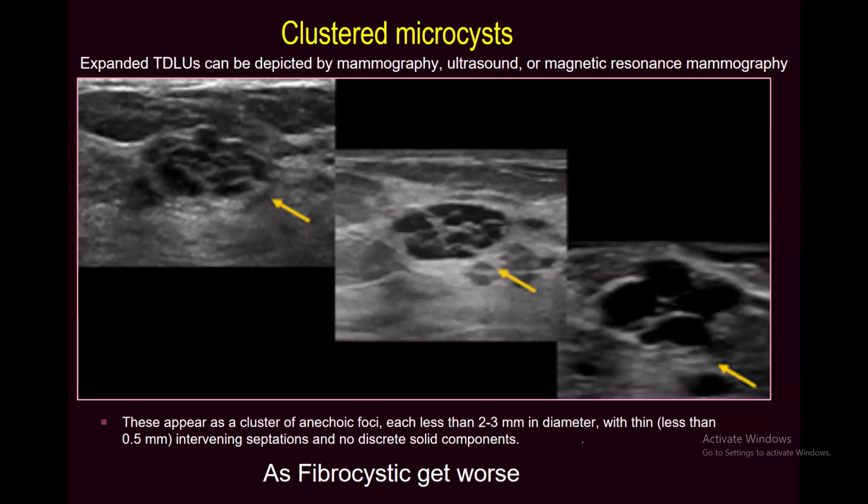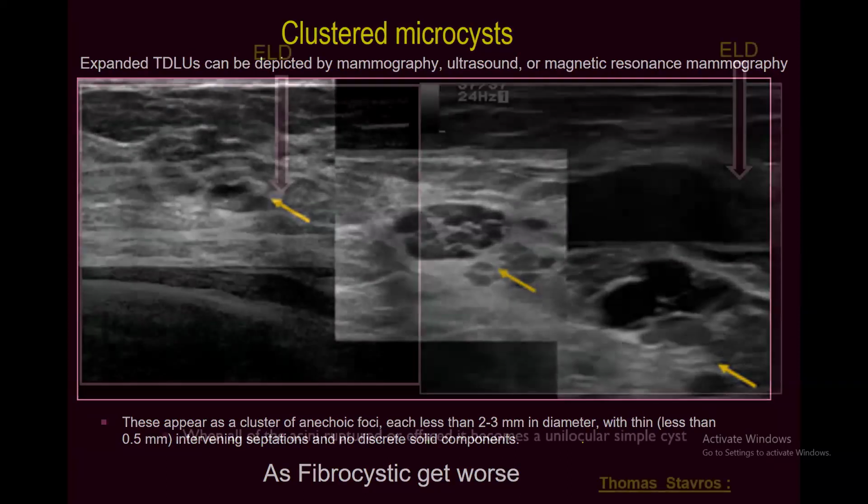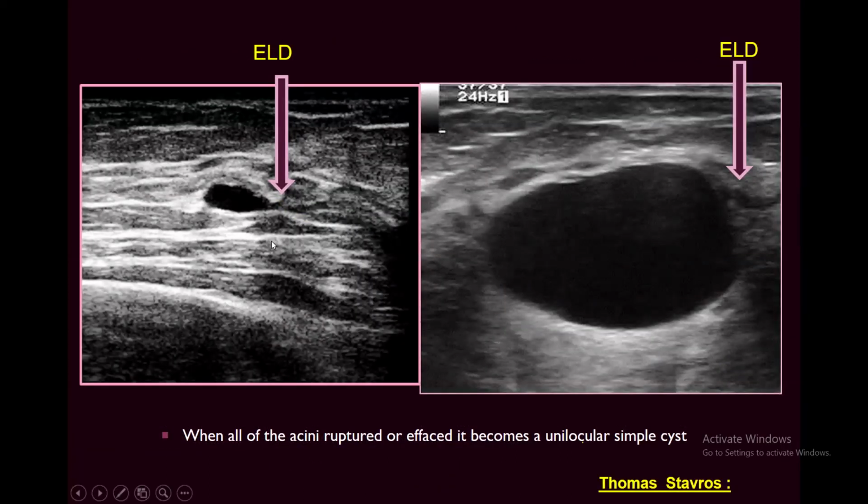And as we mentioned, usually the caliber of acini, or the caliber of the terminal duct lobular unit, should not be more than 2 to 3 millimeters. In these examples, if you see a duct or tubular structure coming from a cyst, it is not a suspicious one.